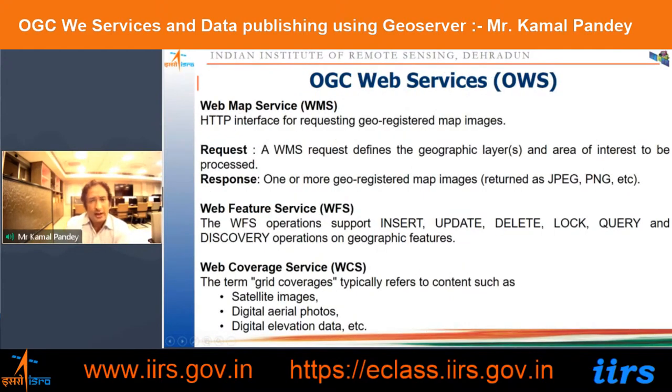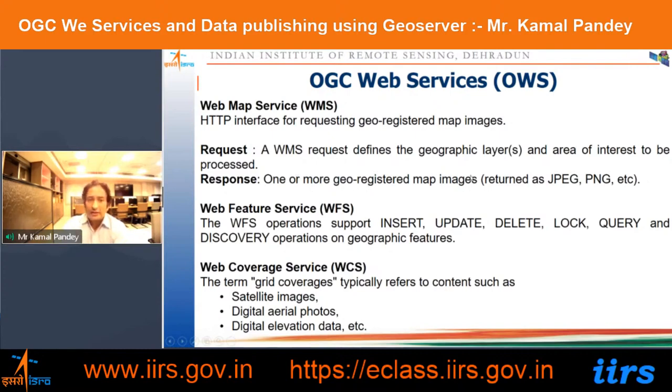Now let us go into further technical detail of these web services. As I told you, there is the web map service. This is one service. It is an HTTP interface for requesting geo-registered map images. What kind of request do we make? The request is a geographic layer and area of interest to be processed. And what response comes from the server?